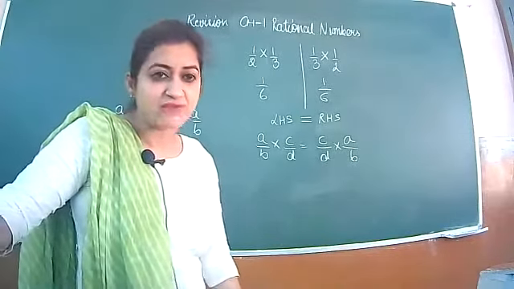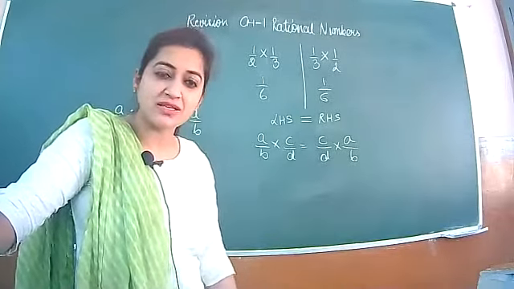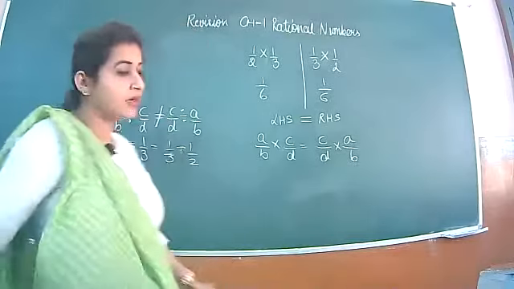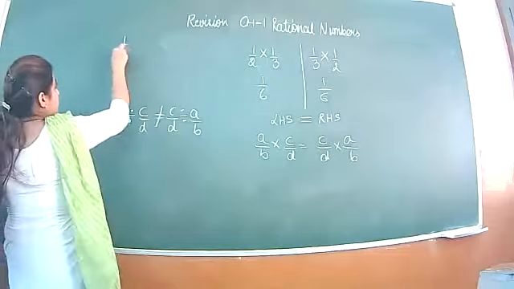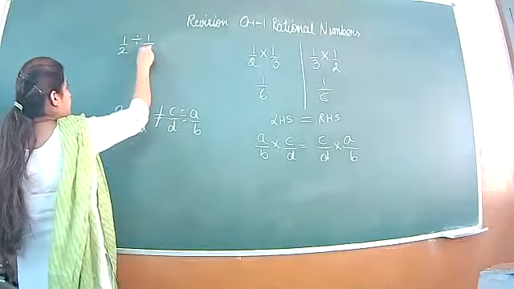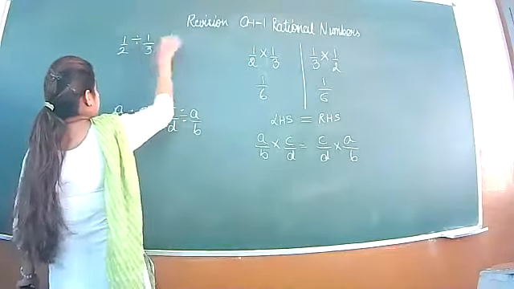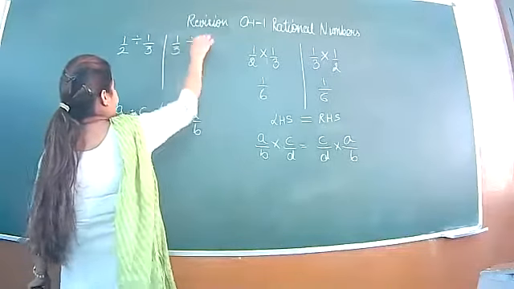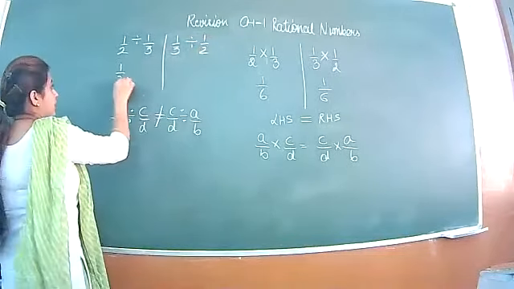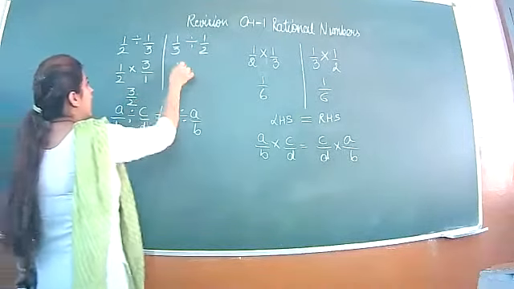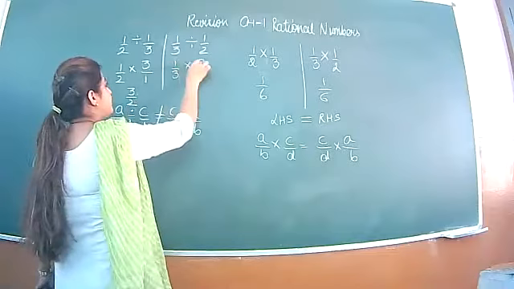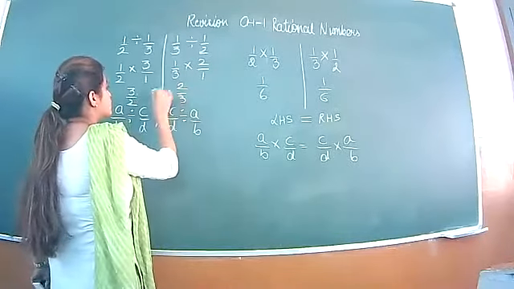Can you please justify the same property for division? Does it hold? Divide will change to multiply. Answer is 3 by 2. And for this side, 1 by 3, same 2 by 1. Answer is 2 by 3.